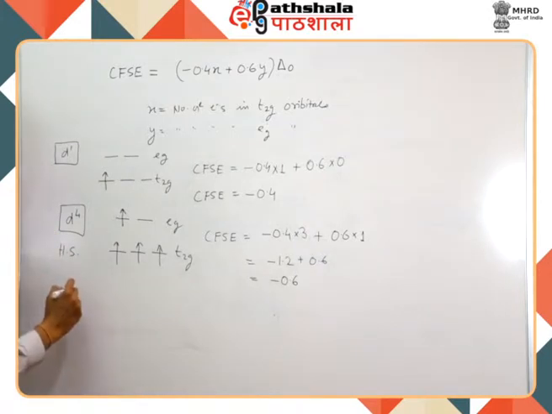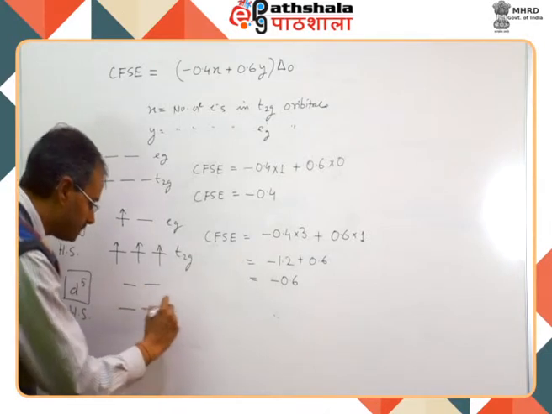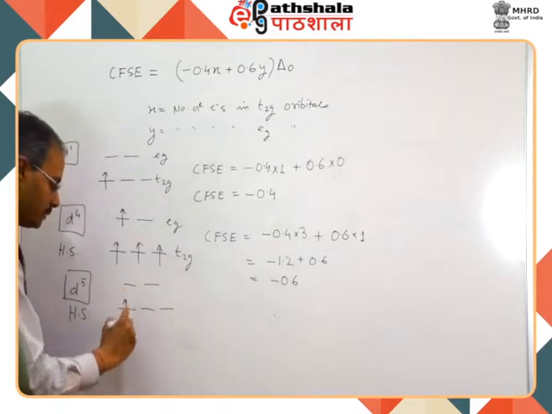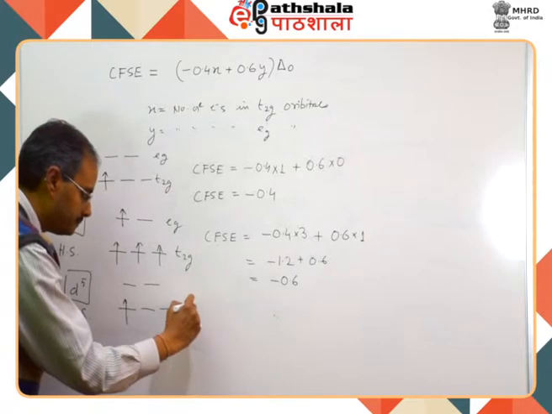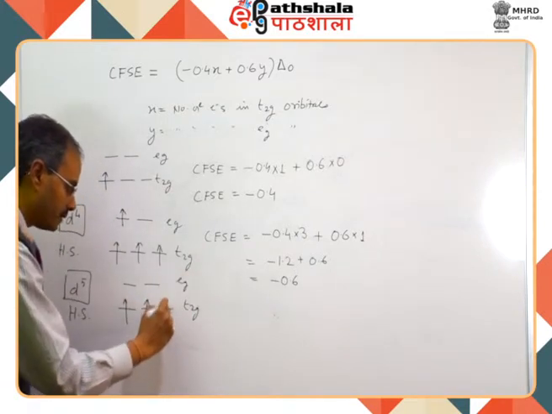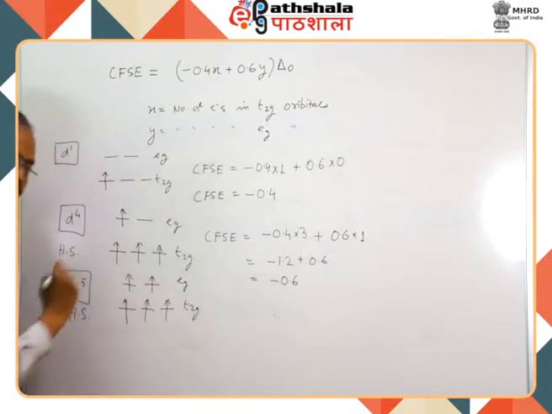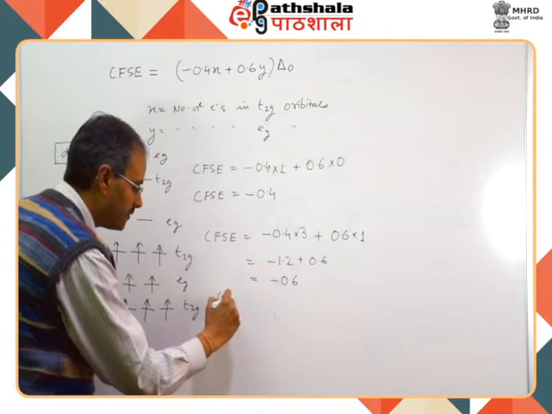Okay, what will happen if we take a D5 high spin electronic configuration? Let us fill up the orbitals. The first one goes to the T2G set of orbitals, the second one, third one, fourth one, and the fifth one. So how is the CFSE going to change?